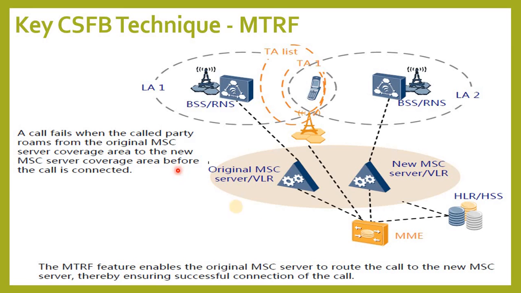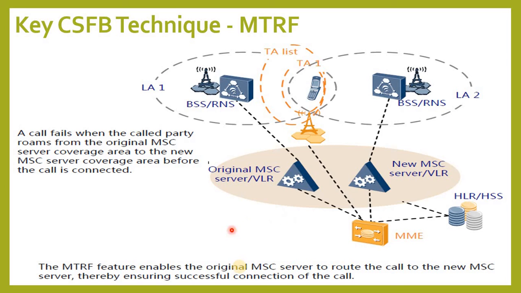Because as we know, in case of CS fallback, the basic mechanism is that a UE or subscriber changes the radio access network from 4G to either 2G or 3G. So in this case, there can be several challenges while selecting the new radio access network or camping on the MSC in the target CS network. So in order to enhance and guarantee the call completion rate, this feature is used.